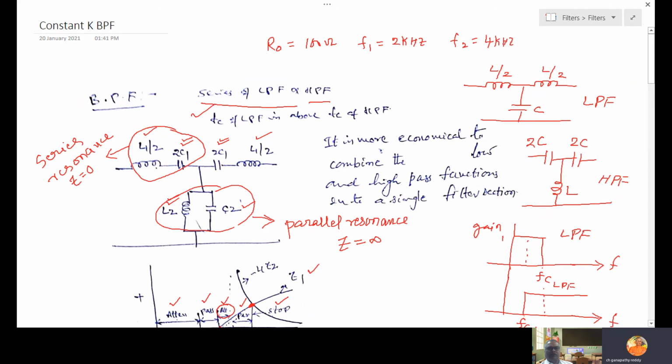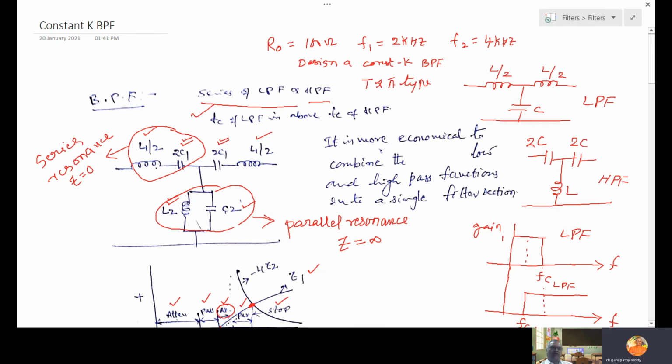Then design a constant K band pass filter, T and pi type. They can ask only T type or only pi type.